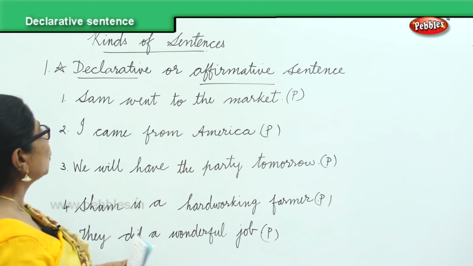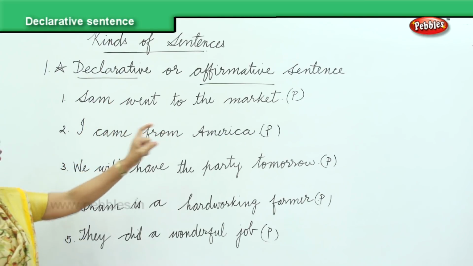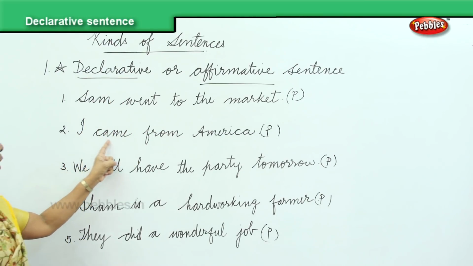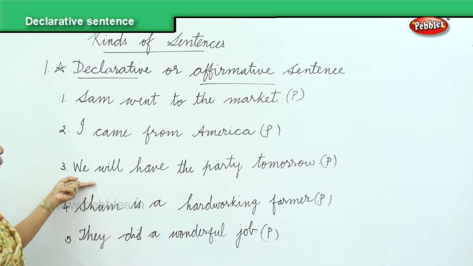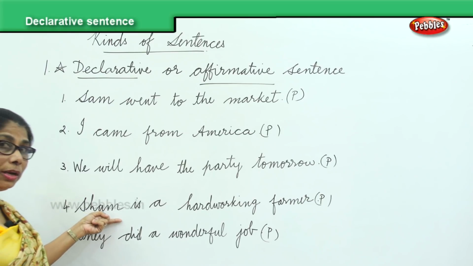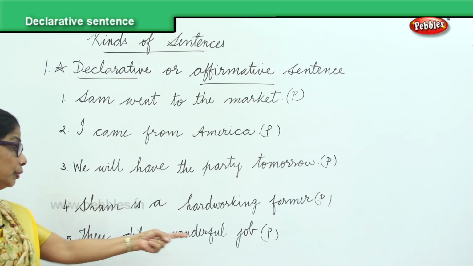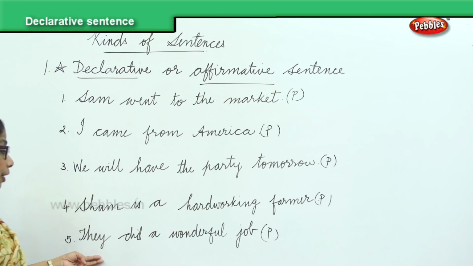So, how do you make it negative? Sam went to the market. For Sam did not go to the market. I did not come from America. We will not have the party tomorrow. Sam is not a hardworking person. They did a wonderful job. Negative, they did not do a wonderful job.